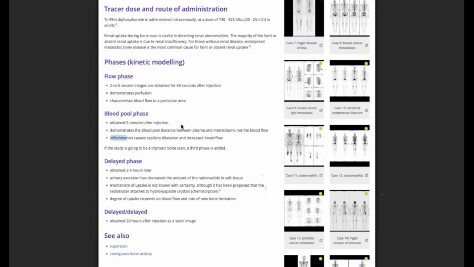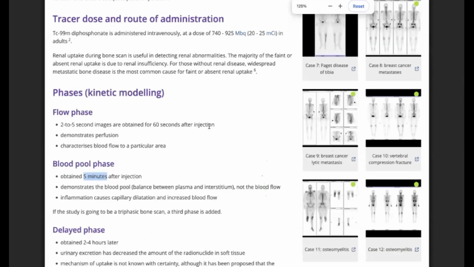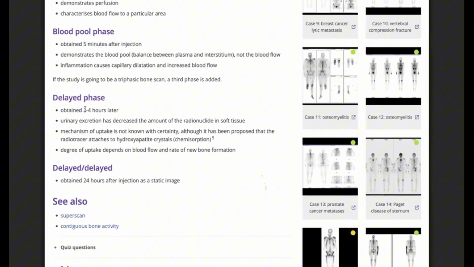Any uptake seen in the blood pool after 5 minutes means there is inflammation. If you take a photo between 2 and 4 hours, this is the delayed phase. In the delayed phase you may see some urine excretion and the urinary bladder.